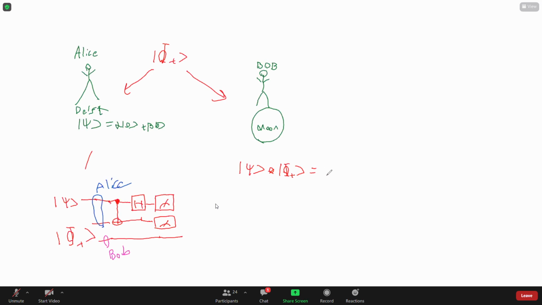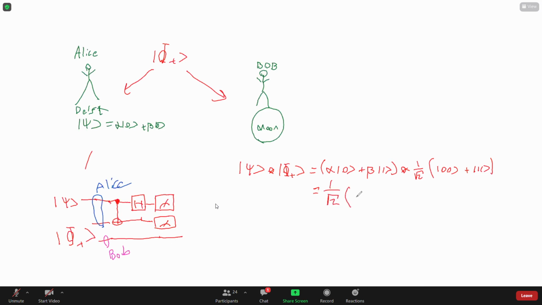If we write that out more explicitly, we get alpha 0 plus beta 1, and we tensor that with 1 over square root of 2 times 0 0 plus 1 1, and we can write that by putting it all together.